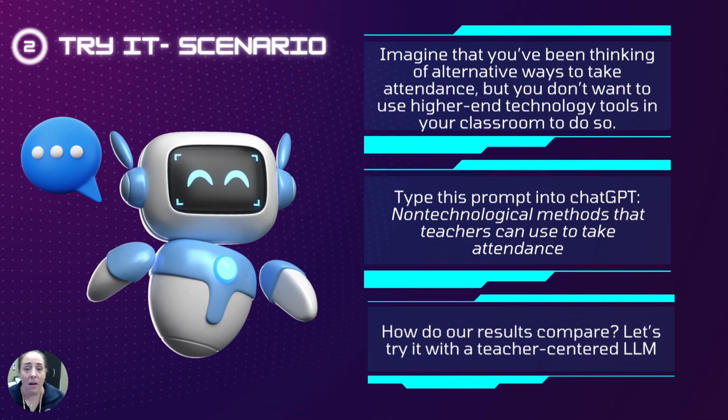And when we talked about how our results compared, we had several people who had the same answers, but we also had quite a few people who had different answers, or their answers were in a different order, or one person got 10 completely different results from somebody else. So we just talked about how really it's up to the luck of the draw and what you get from AI.